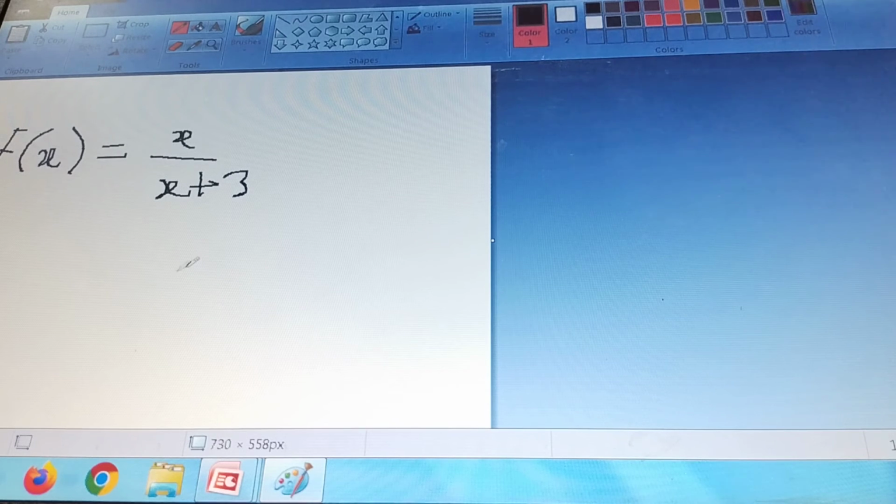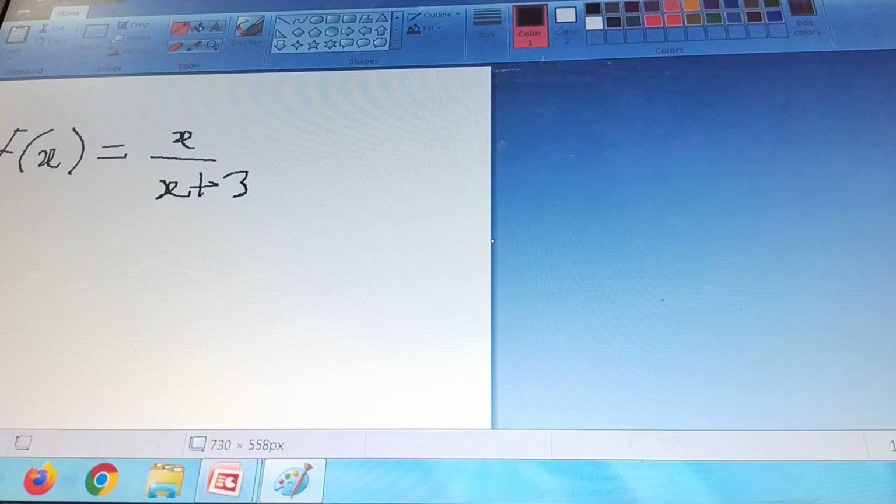Here the function is undefined when the denominator is equal to 0, because anything upon 0 is always undefined. We cannot define anything upon 0. So the denominator is 0, so x plus 3 is equal to 0.